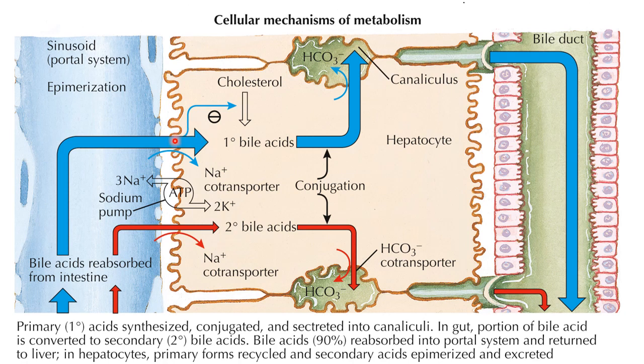It will reform the primary bile acids and then tatapon lang din ulit together with bicarbonate. So that means your bile is technically an alkaline fluid. Travels through the canaliculus and into the bile duct. So ito yung ating apical portion. Okay. So ganun din for secondary bile acids.